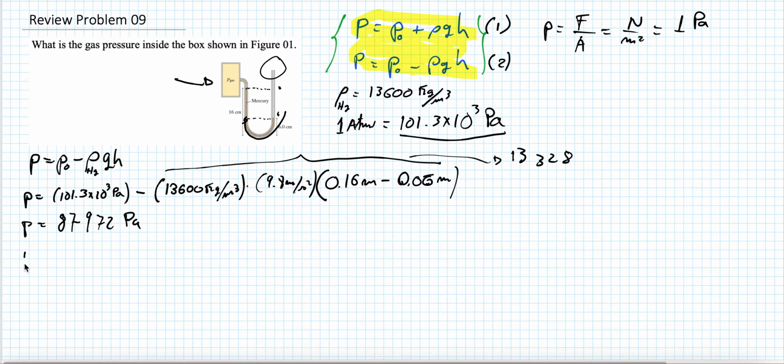That means I can consider this as 88 kilopascal, for example.